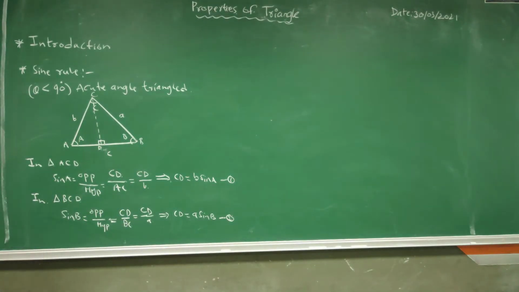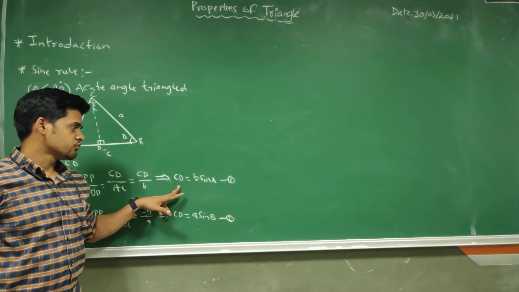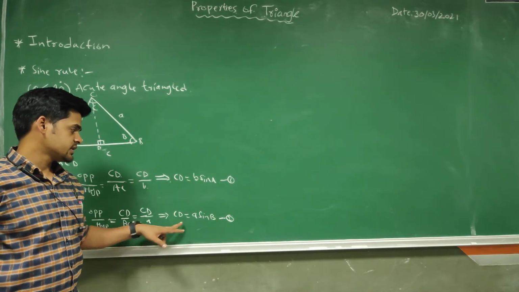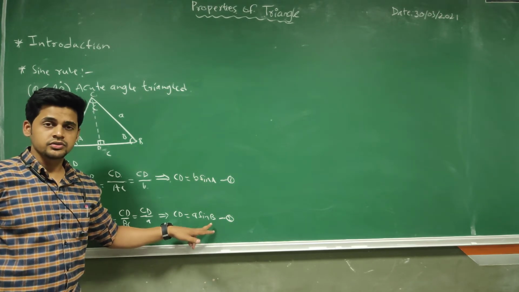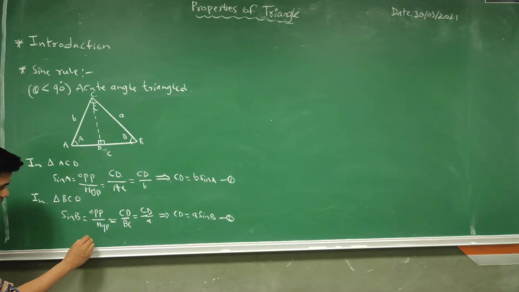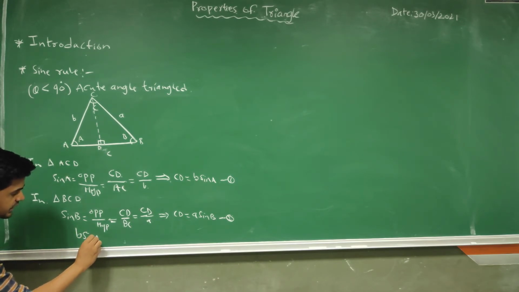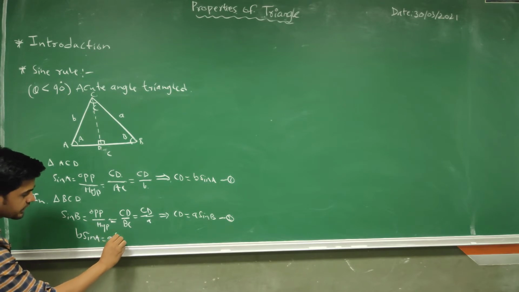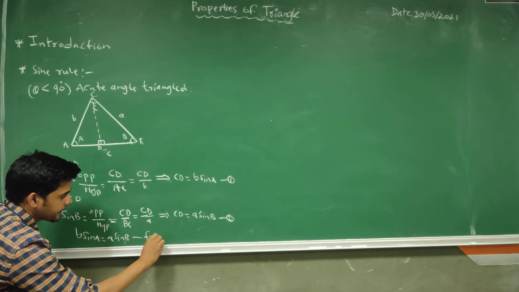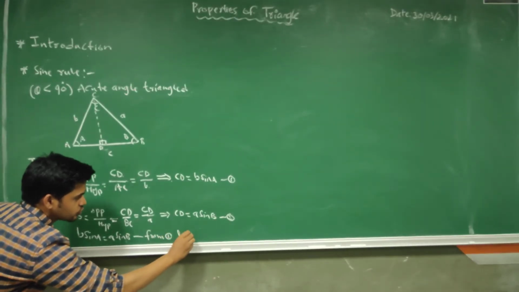And I can say that equation number 1 and equation number 2, that is here CD is equal to b sin A and CD is equal to a sin B. So both are equal. So I can write b sin A is equal to a sin B from 1 and 2.